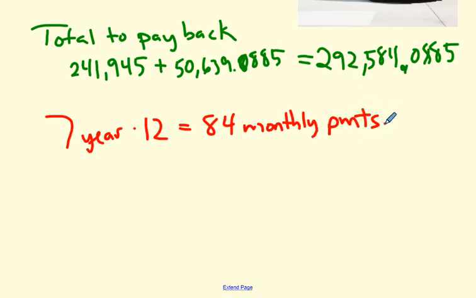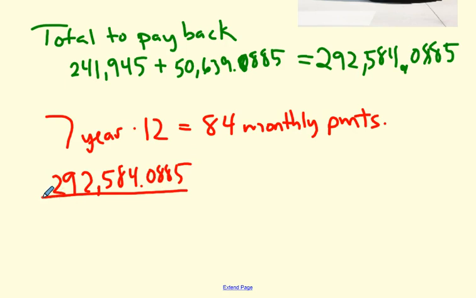So we take our total to pay back, our $292,584, and we divide by 84. Our monthly payment that we have to make to the bank is $3,483.15. I don't know about you, but I don't have that kind of spare change laying around. I probably won't be getting myself a Lamborghini.